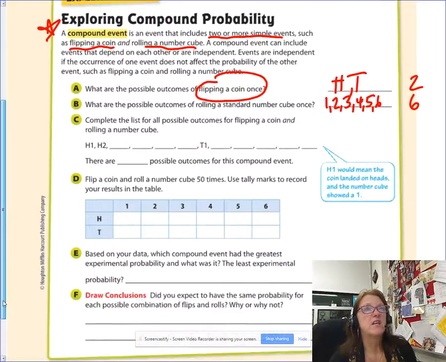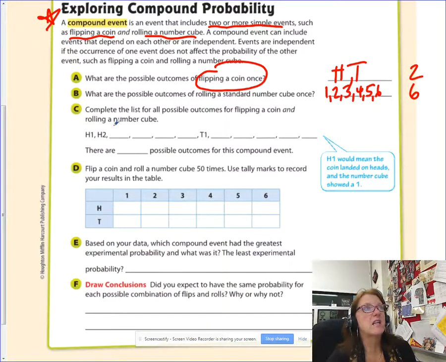So when we take into account both of these things together, this is what I had listed out on your options as you performed this particular experiment. You could have heads and get any one of those 6 numbers, so they just shortened it by doing H1, H2, H3 through H6.